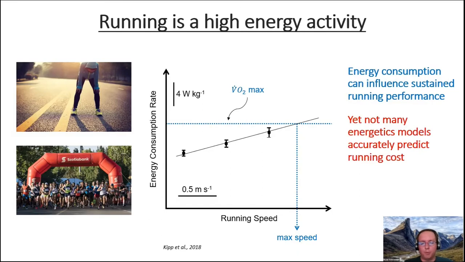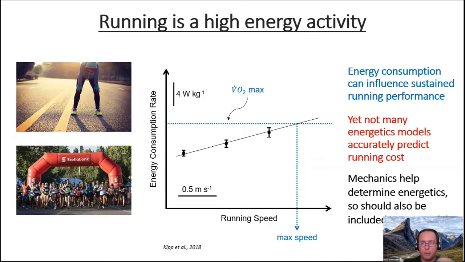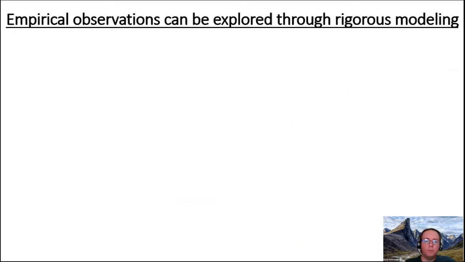And yet, despite that, we don't really have a lot of good models for the energetics of running, at least not that accurately predict energetics. And of course, mechanics are really important to understanding mechanisms that influence the energetics. And so any such model should be able to not only predict the energetics of running, but also the general mechanics of running gait as well.